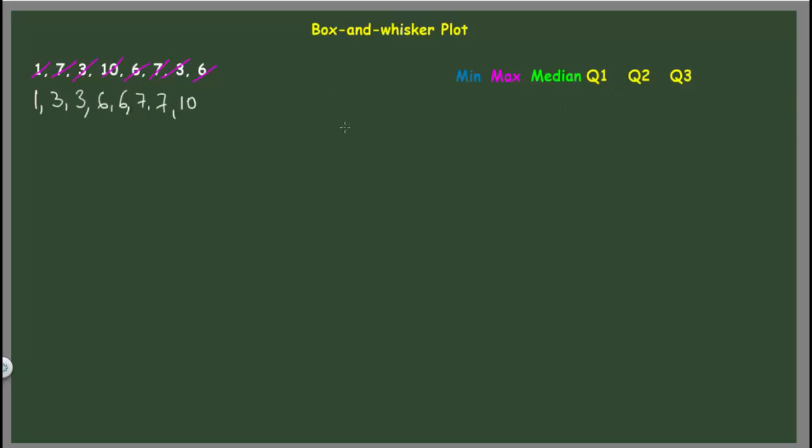Let us take a look at our set of numbers to see what we can get. The minimum, as you can see here, is 1. So we can write there 1. Our maximum is the number 10. So we can write there 10.